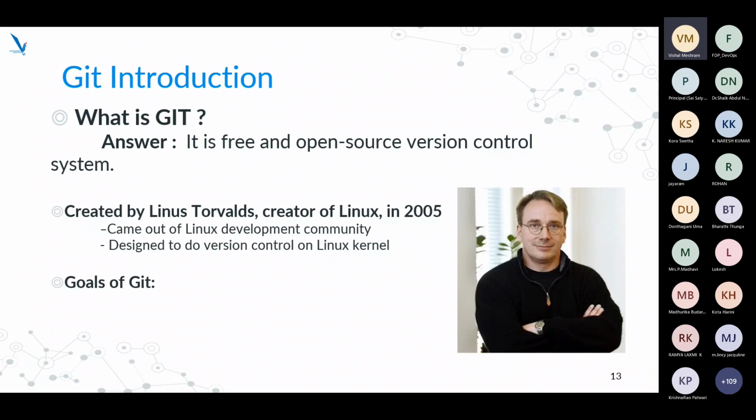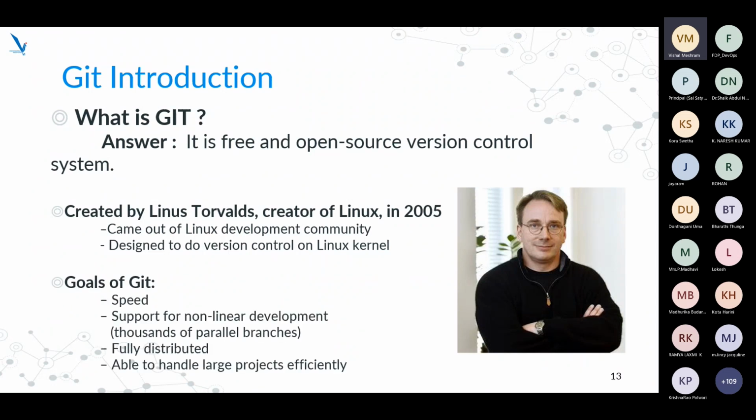What were the goals of Git? Git was built for speed, for fast development. It supports non-linear development, so you can fork parallel branches and work on parallel branches of your product. Every developer works in parallel.